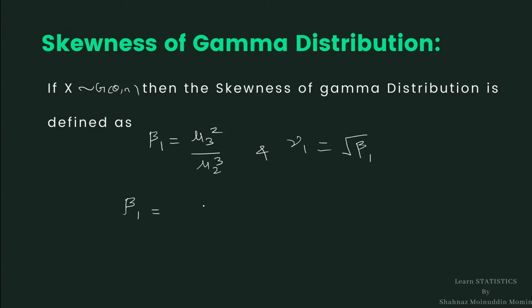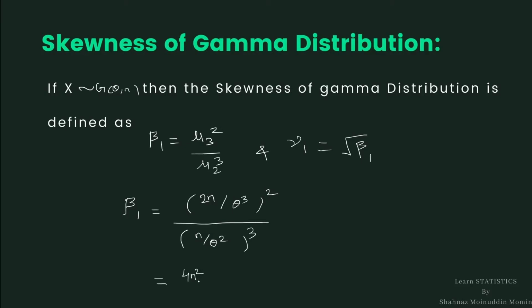Beta 1 is equal to mu 3 is n divided by theta cube, bracket square, divided by the value of mu 2, which is n upon theta square, bracket raised to 3.